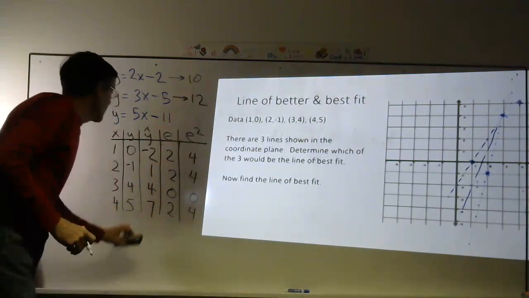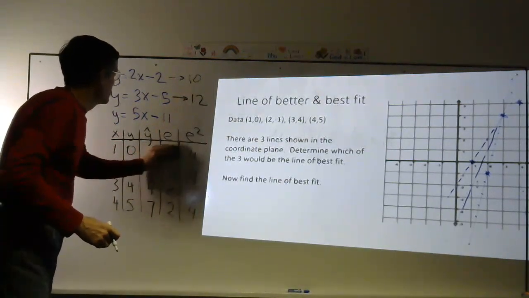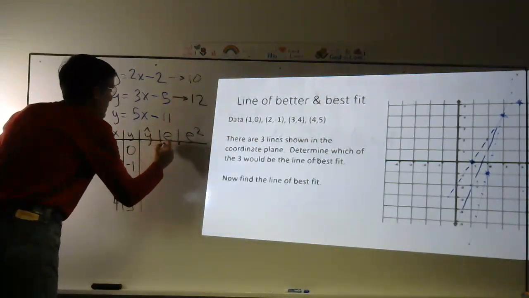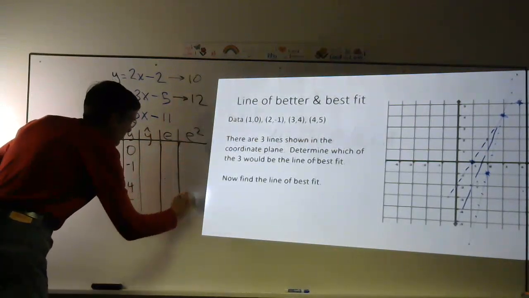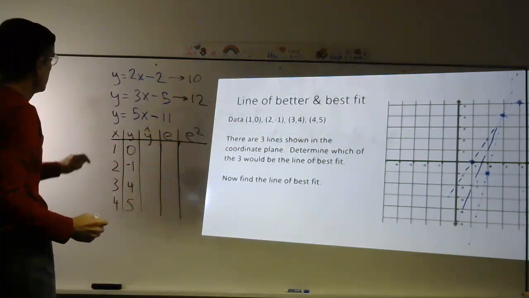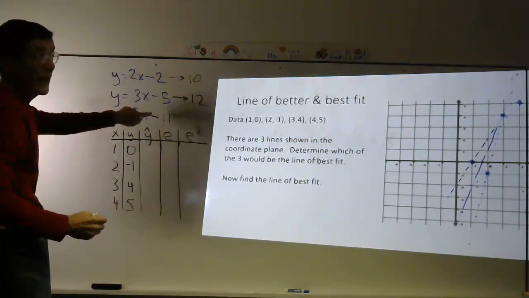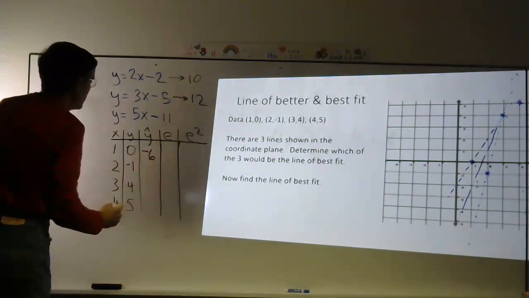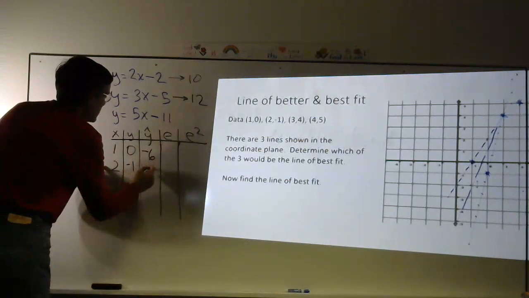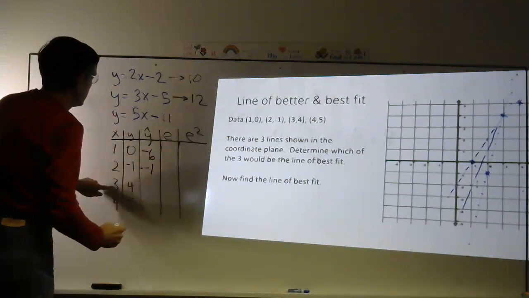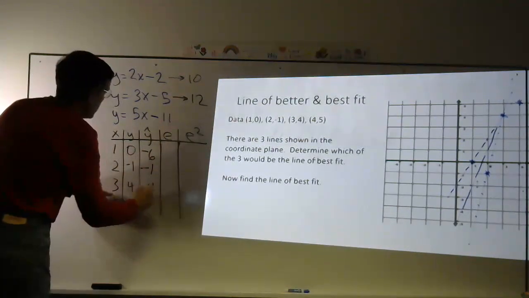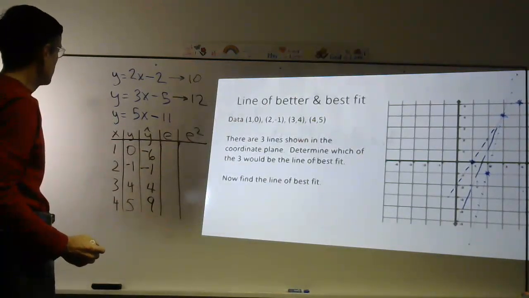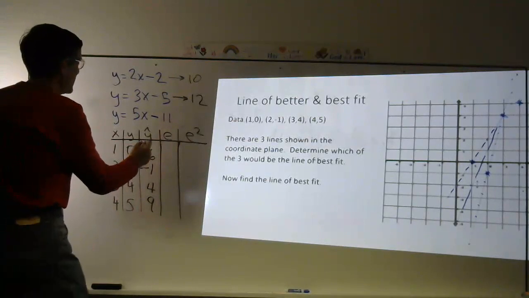And 1 to go. So I will get rid of these 3 again. Okay, and I put 1 into this last equation. I get -6. I get -1. I get 4. And I get 9. All right, which I think is right.